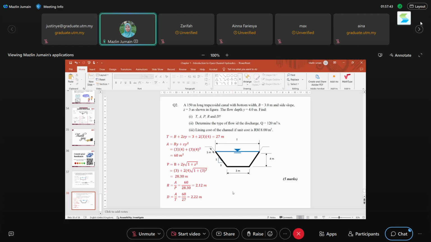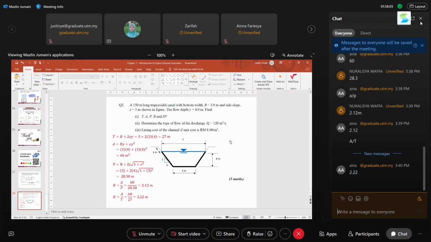Okay, and then for the second question, determine the types of flow if the discharge Q equal to 120 meter cube per second. So this one, in order to determine the types of flow, you need to find the Froude number. So what is the equation for Froude number?